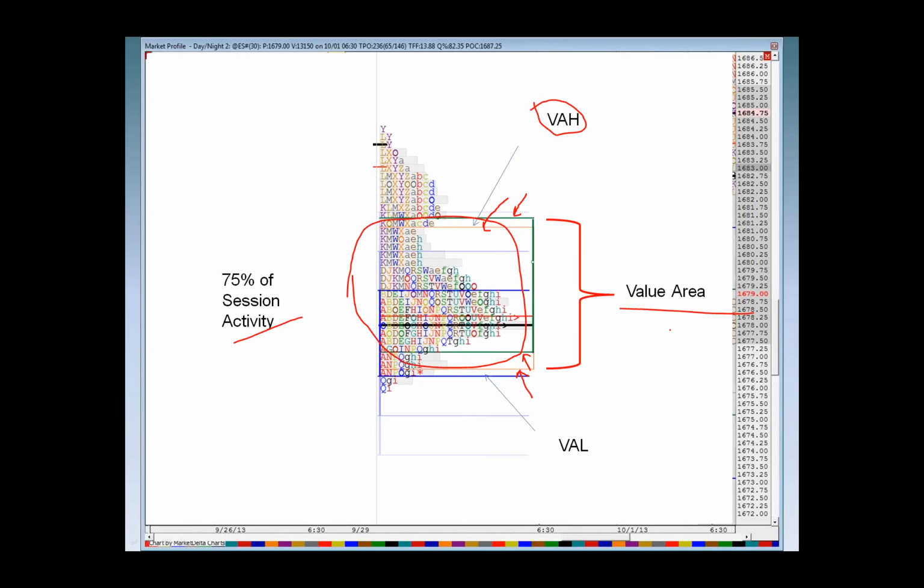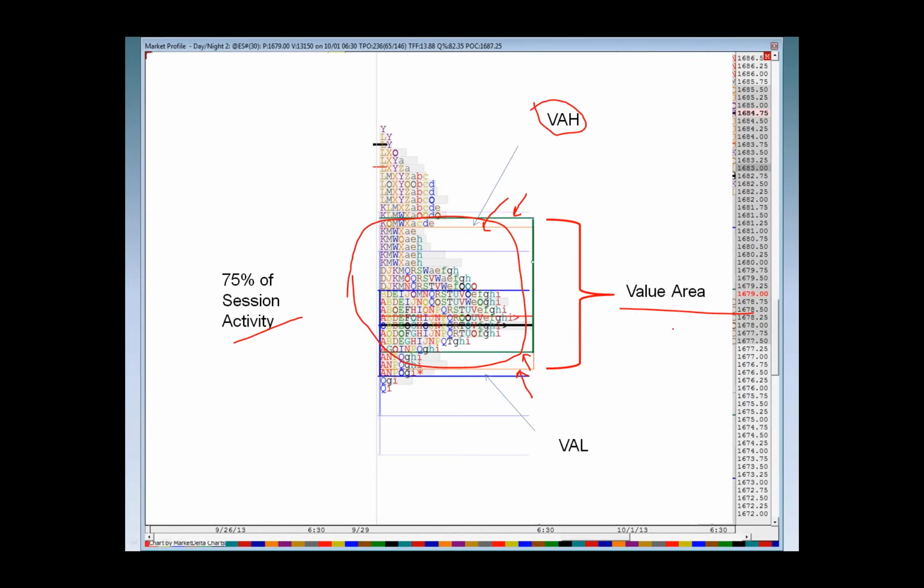There is an activity value area, or a value area that's defined based on market activity and TPOs, time price opportunities, and there is another value area which is based on actual volume that is traded in the market.